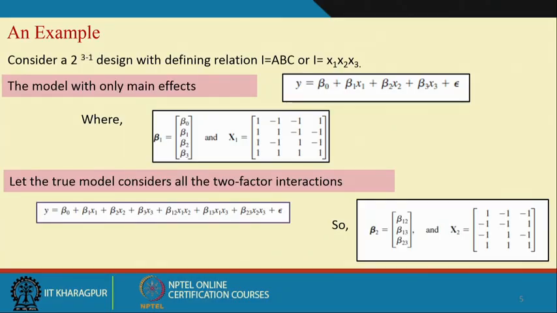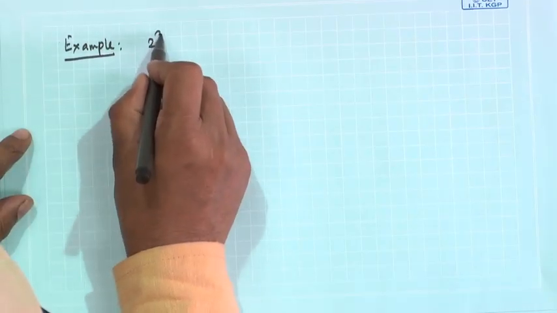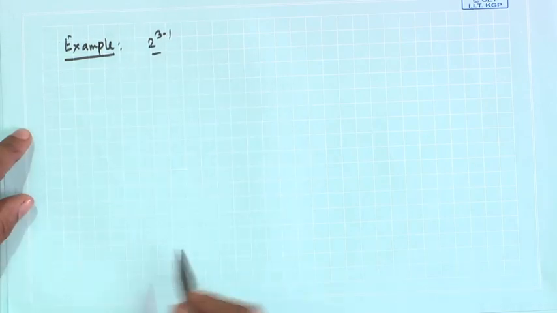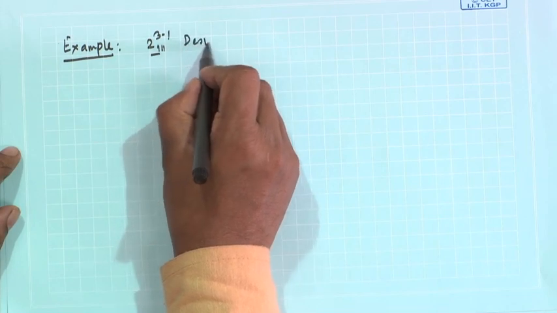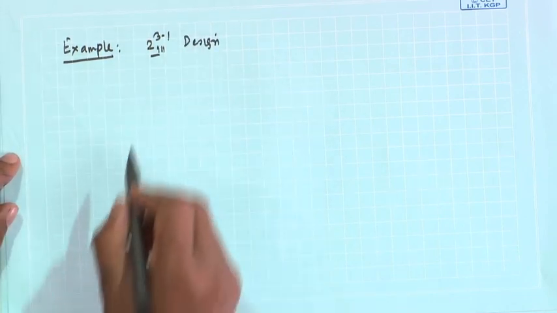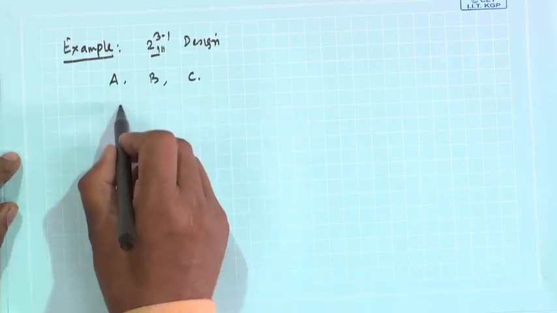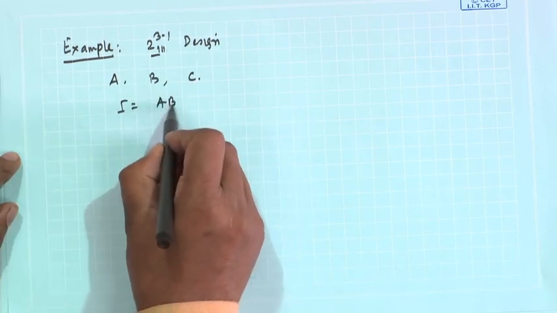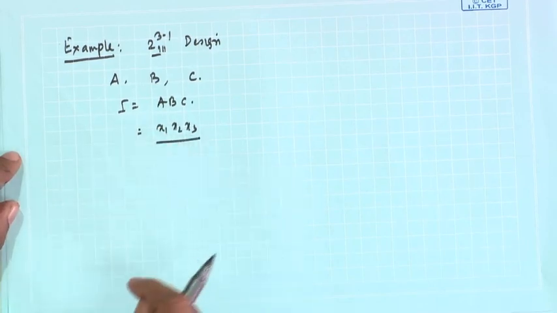The example is the 2 to the power 3 minus 1 fractional factorial design. The number of factors is A, B and C, with defining relation I equal to ABC, or we can write x 1, x 2, x 3.